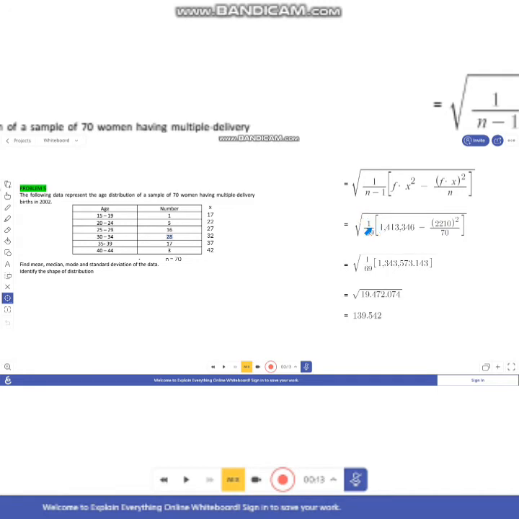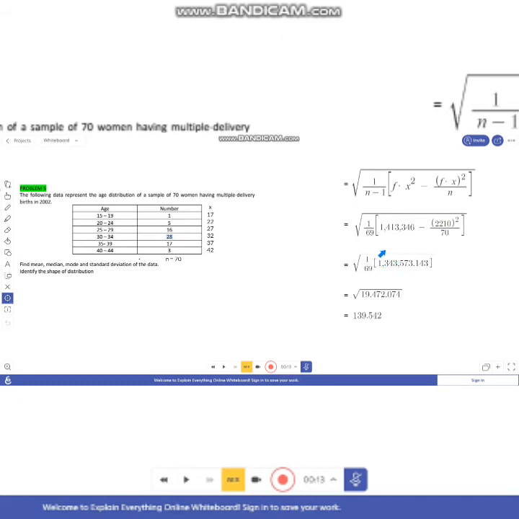So I substituted the numbers accordingly. n minus 1 is 69, and 1 over 69 is actually 1 over 70 minus 1. 70 comes from the sum of the frequency, and from the bracket, we have 1,430,346, which comes from the above formula. As for the right, 2210 squared over 70 is also from the above formula.